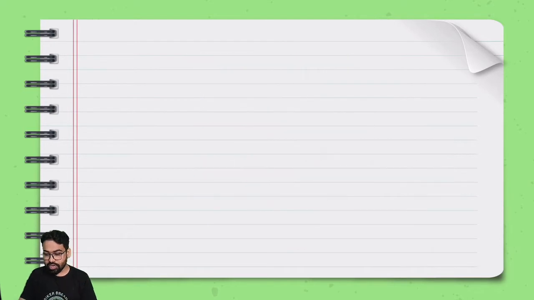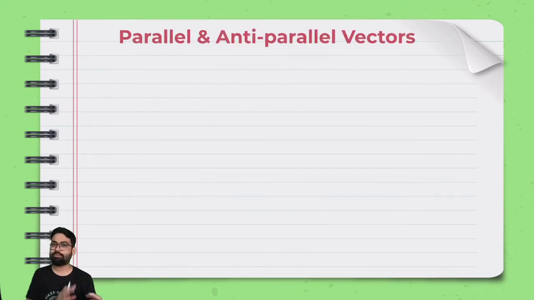So what do we say once we are talking about parallel and anti-parallel vectors? As the word itself says, if you put enough focus on this word parallel, you would get the feeling that both of them never intersect, never touch each other. And that is absolutely correct. But what are the things with respect to vectors that we need to know?